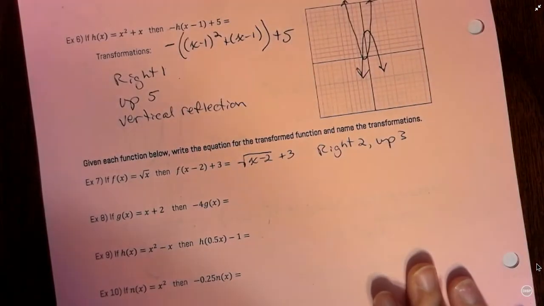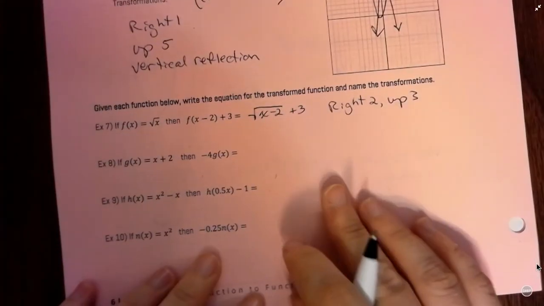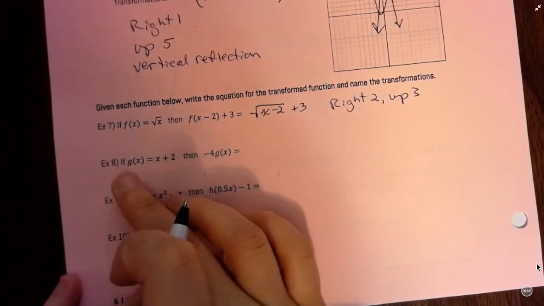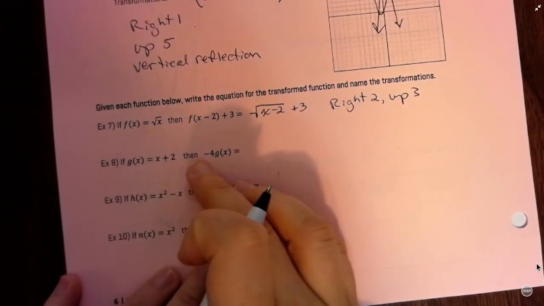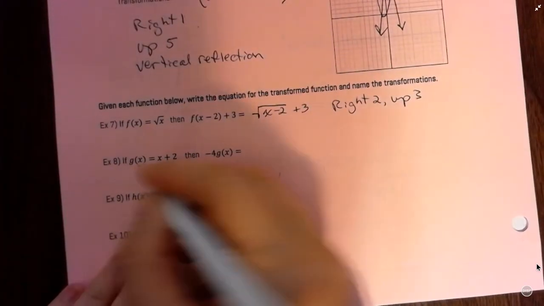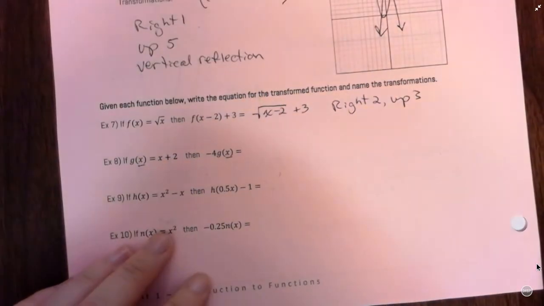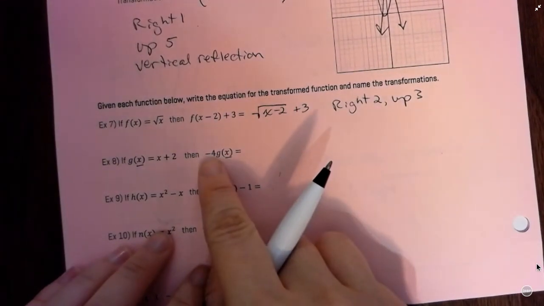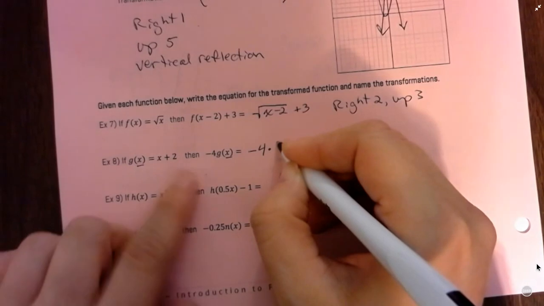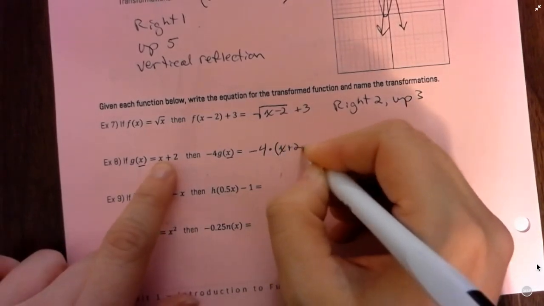Next one, if g of x equals x plus 2, then negative 4 times g of x equals. So notice we're not replacing x with anything. We're just multiplying the entire thing by negative 4. So you're going to do negative 4 times, and put this in parentheses, x plus 2.